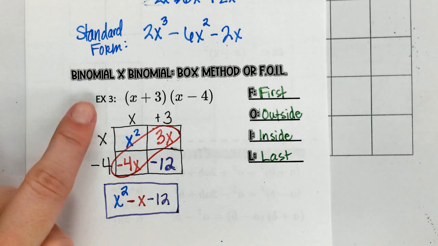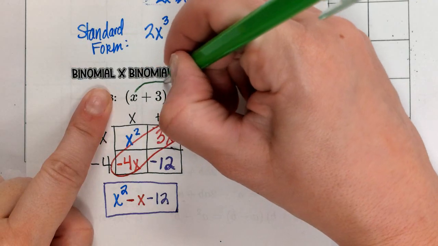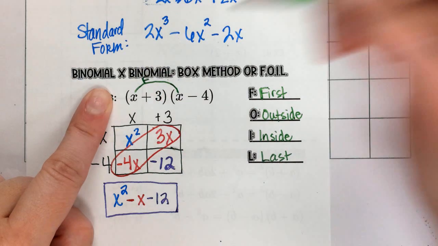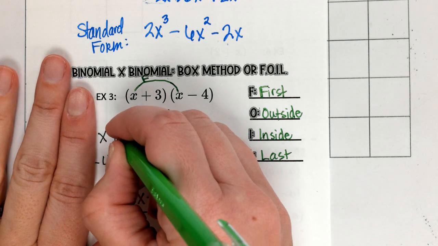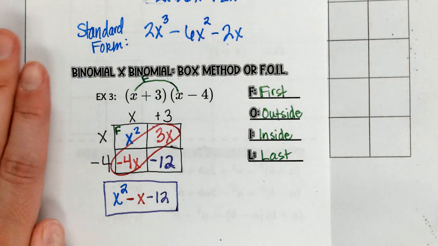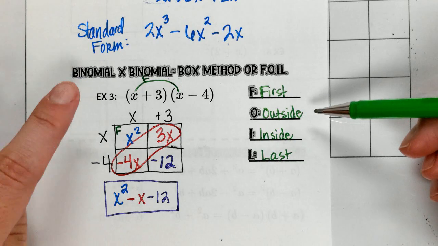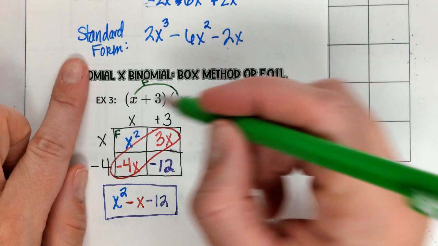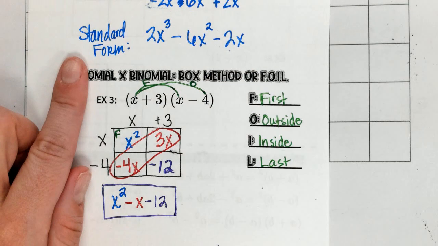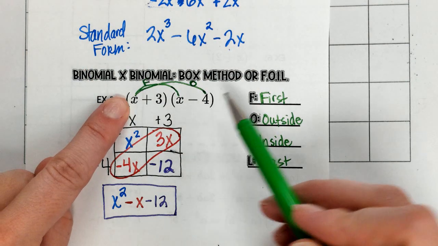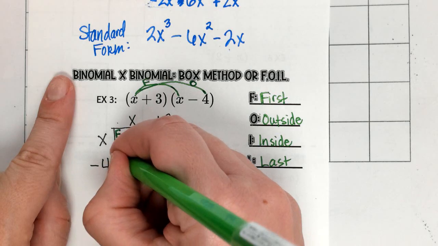So F for first means the two first terms. Okay, so if I were to translate that into the box, that's this box right here. O, outside, means the two terms on the outer edges of the expression. So in this case, it's the x times -4. So that's this box right here.